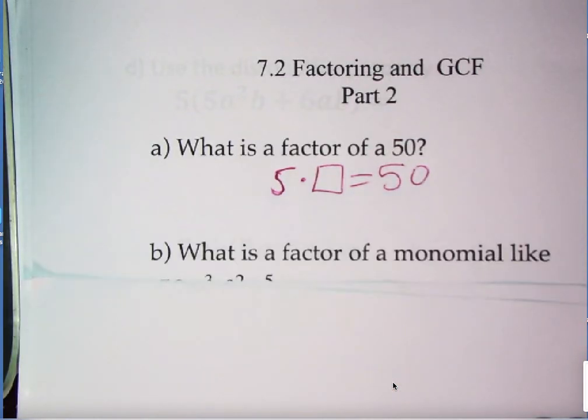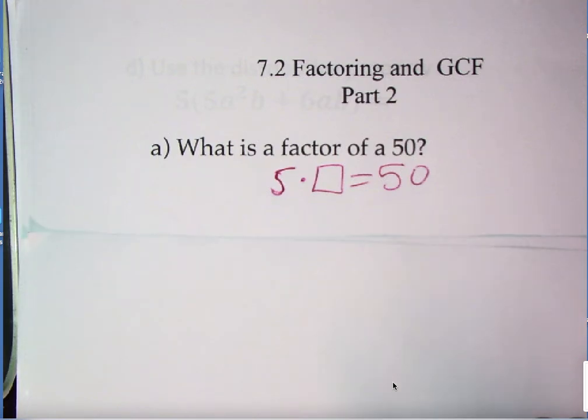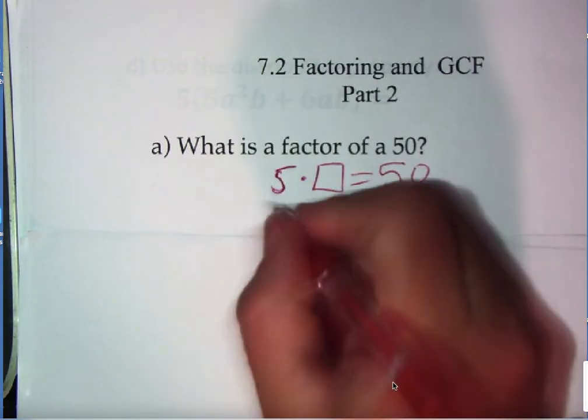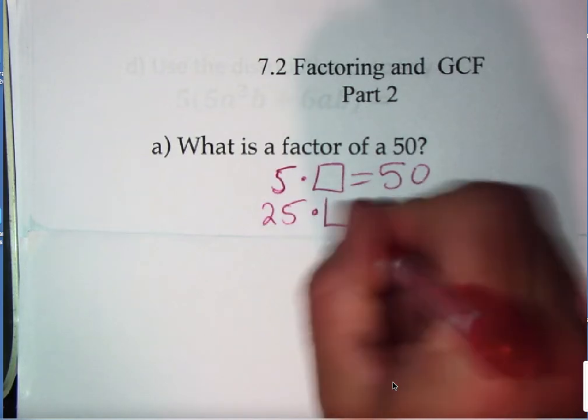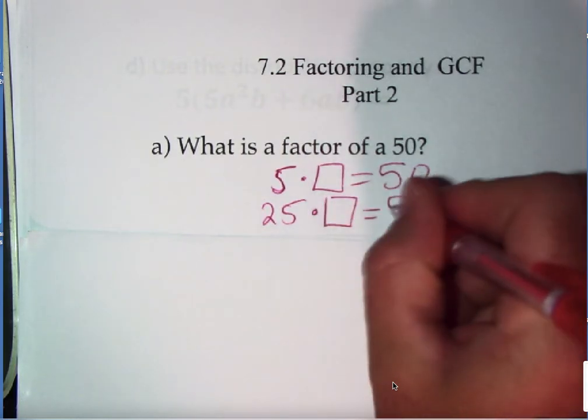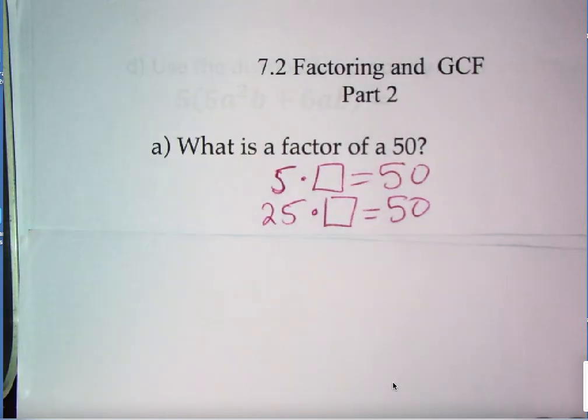Who's got another factor of 50? Well, how about 25? Yes, 25 is a factor because 25 times its pair also equals 50, right? A factor of something is a number where that factor times another factor equals 50.